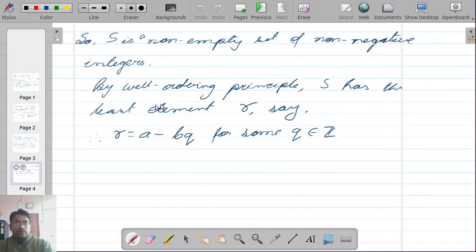So we have gotten a least element R which is inside S. So R will be of this type, A minus B into something. So that something we have named as Q.